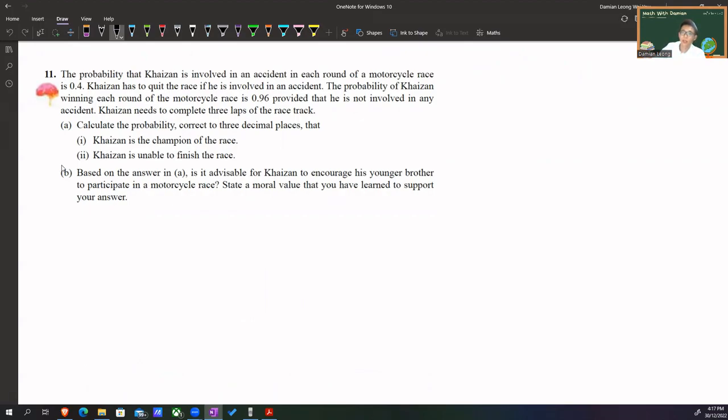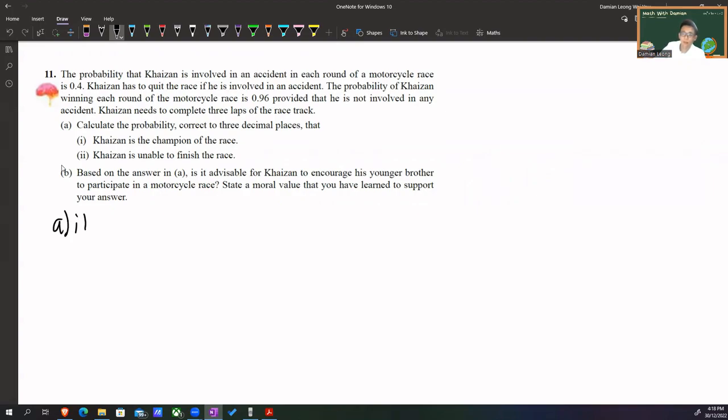Okay, so Kaizan needs to complete 3 laps of the racetrack. So calculate probability correct to 3 decimal places that Kaizan is champion of the race, and A2, Kaizan is unable to finish the race. Unable to finish means he's involved in an accident.